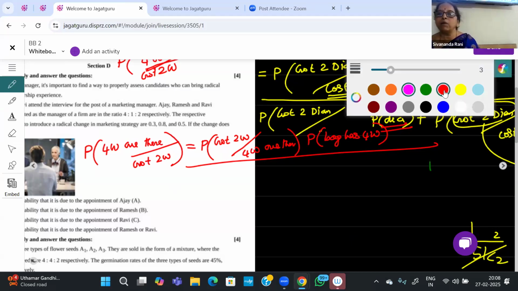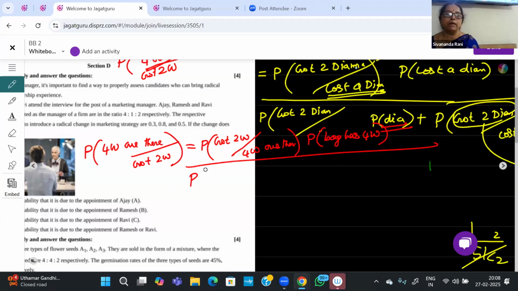So we'll replicate what is there in the numerator. I got 2 white when 4 whites are there in the bag, into probability for 4 whites to be there in the bag.